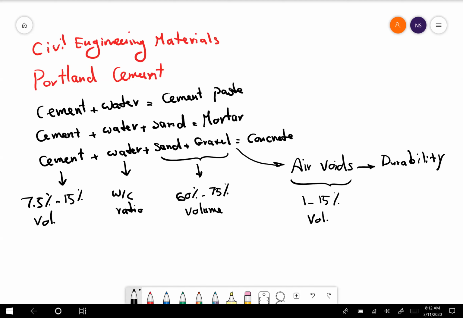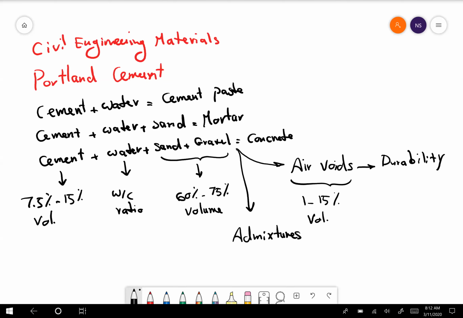It's not that it's a bad thing for concrete. We want to have air voids in the concrete. And then we also mentioned that we're going to have some sort of chemical admixtures in the mix based on the type of properties that we want to enhance in the mix. So we're going to talk about those later on.